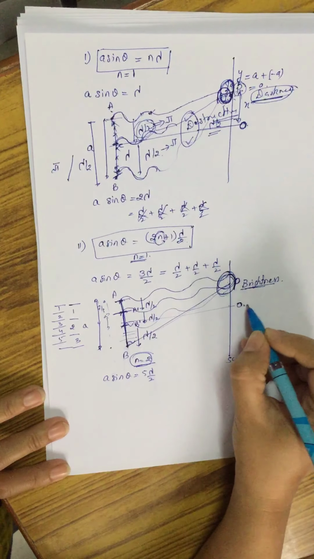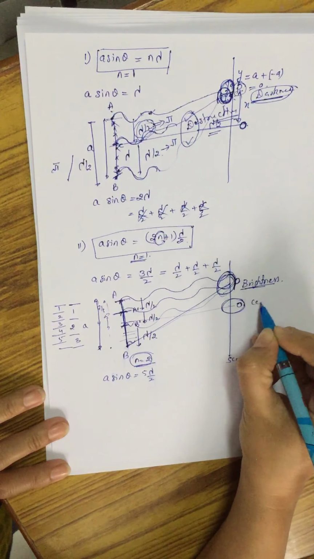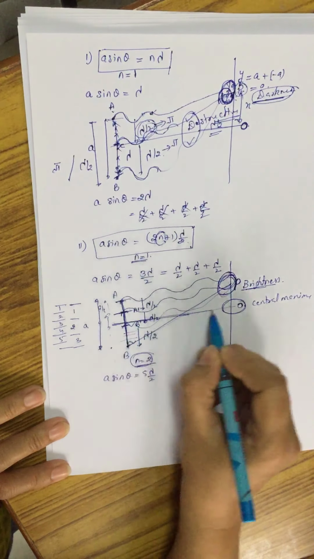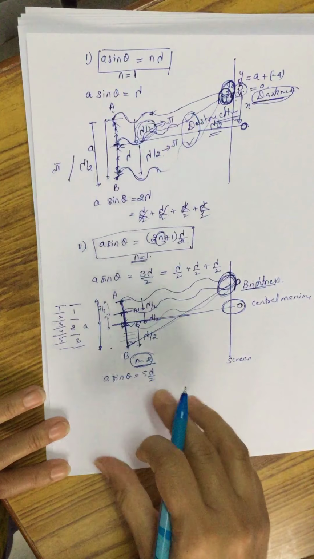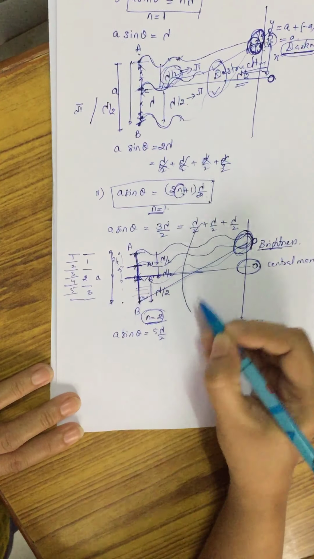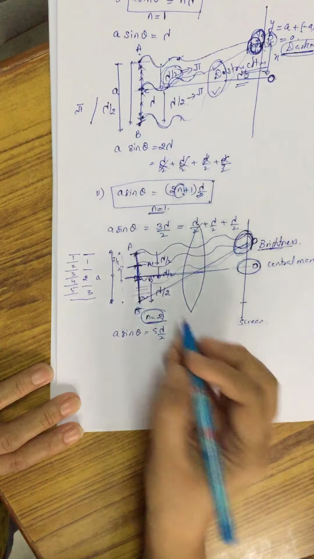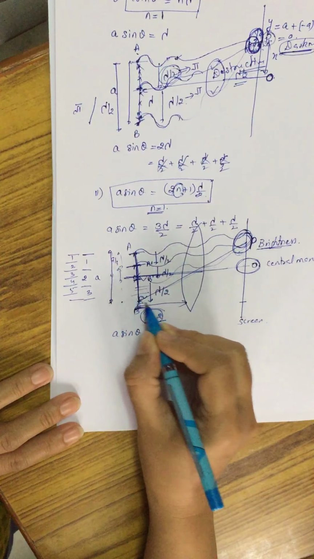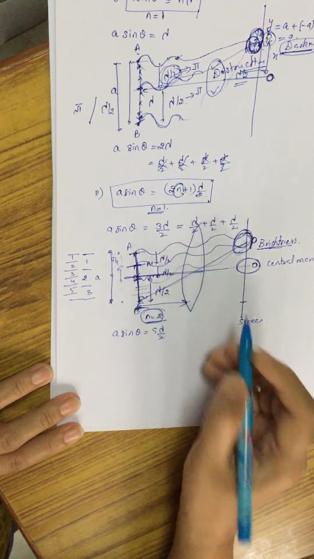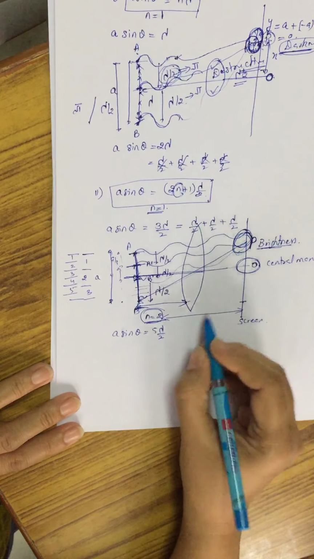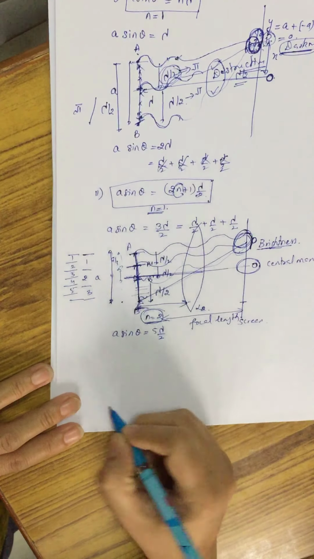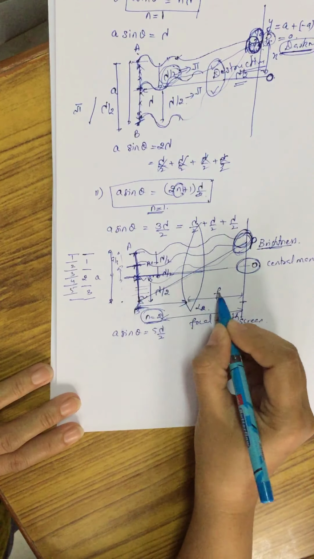Now we will discuss the central maxima which is obtained opposite to the midpoint of the slit. Let us consider the second lens, L2, which is placed in between the slit and the screen very near to the slit, due to which the distance between the screen and the lens becomes approximately equal to the focal length of the second lens, and let us consider the focal length is f.